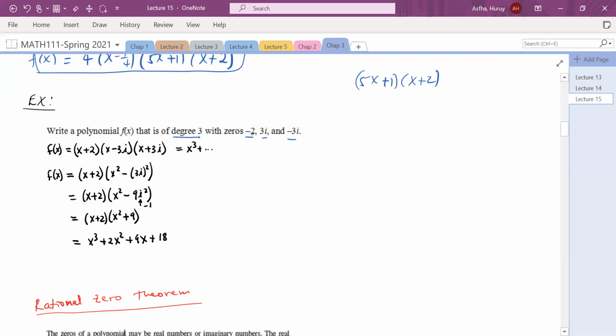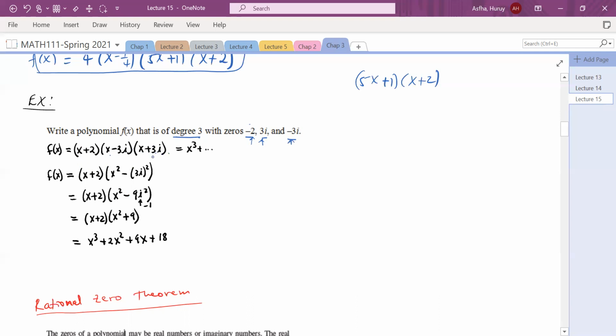And already we have 3 of them. This is one factor, this is another 0, and so on. So the factor corresponding to this one is x plus 2. The factor corresponding to this one is x minus 3i. The factor corresponding to this one is x plus 3i.